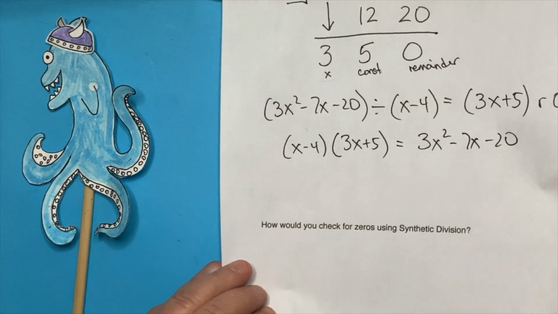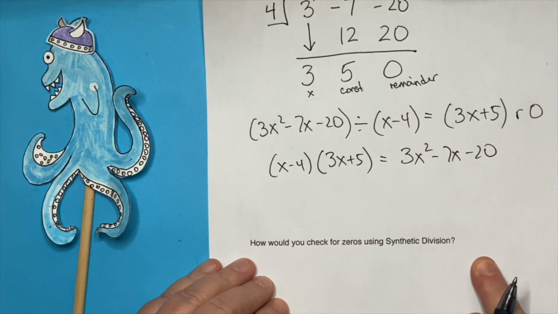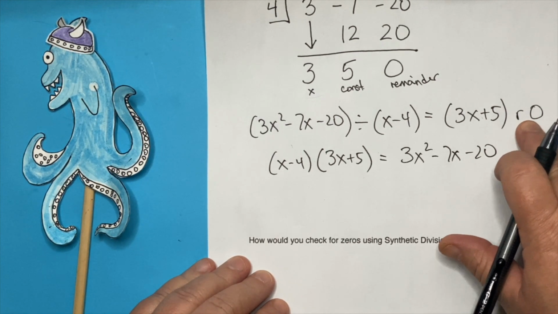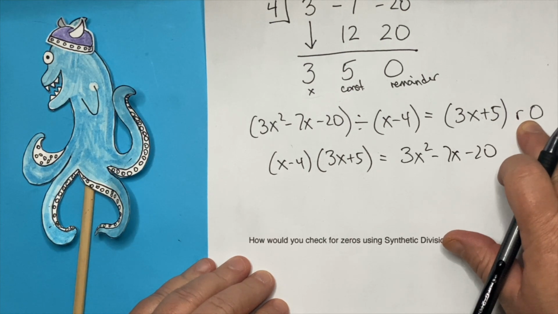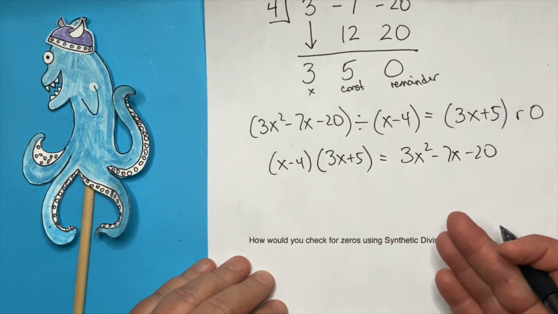And that leads us to our final question, which is, how would you check for zeros using synthetic division? So since the remainder here is 0, that means x minus 4 is a factor, and that means 4 is a 0.